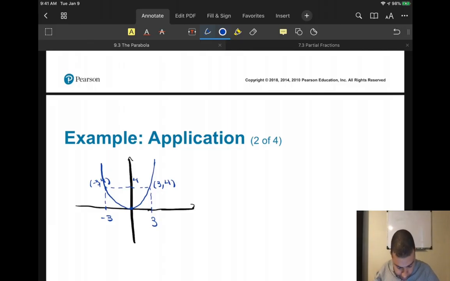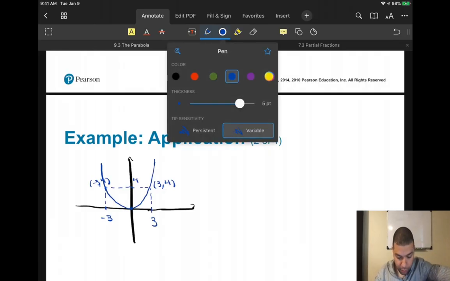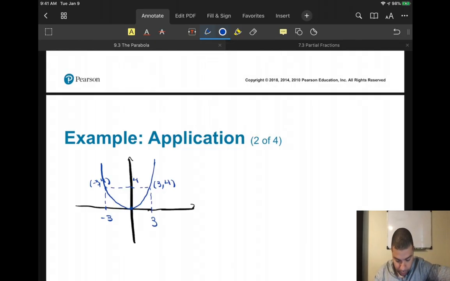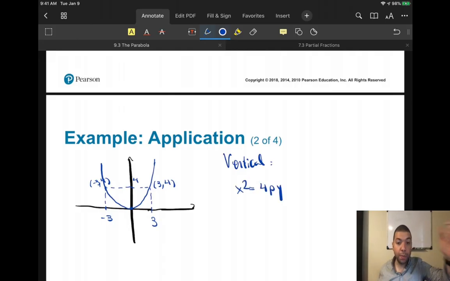Okay, so I know these. Give me a second. I know this is a parabola centered at the origin, so I know that it's vertical as well. So I know it's just like I'm used to. x is squared, not y. So I get that vertical, excuse me, x squared equals 4py, right? So the opposite as before. x is squared because vertical is something that I'm used to.